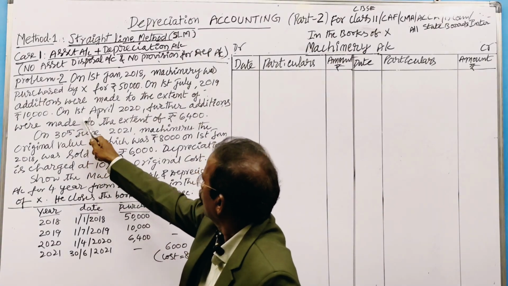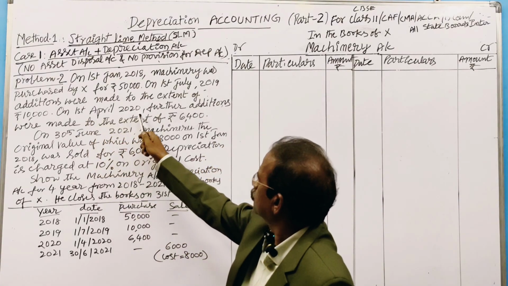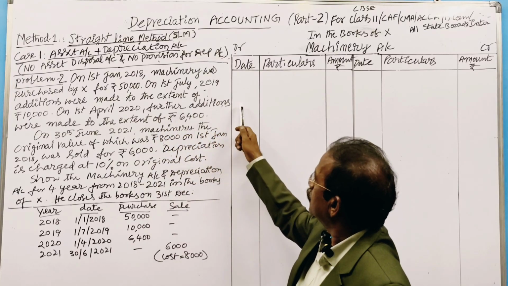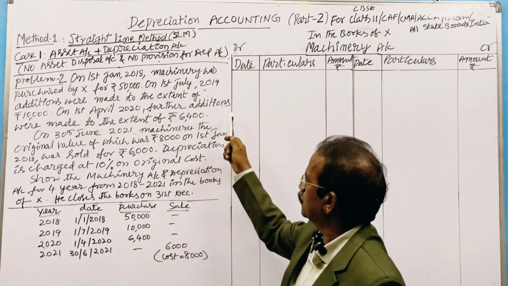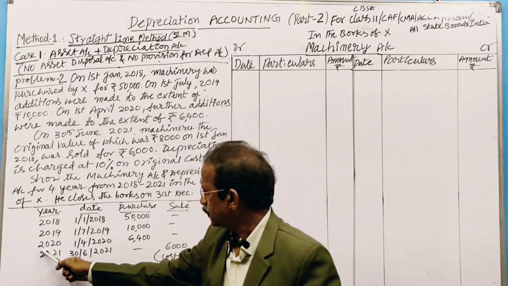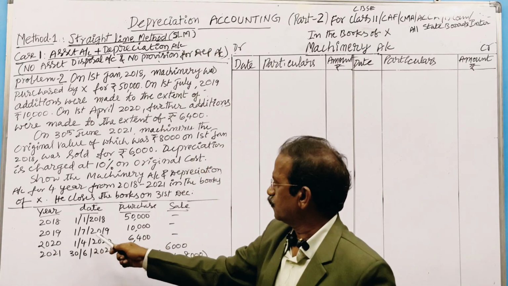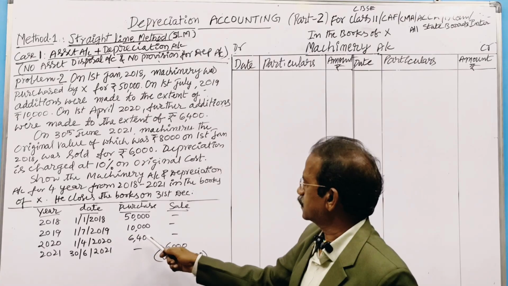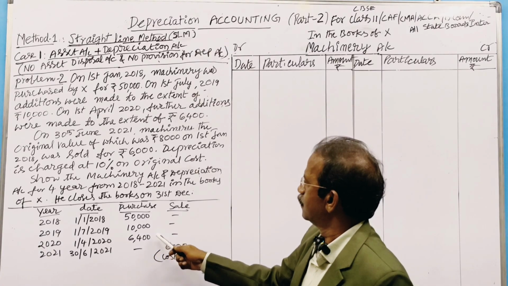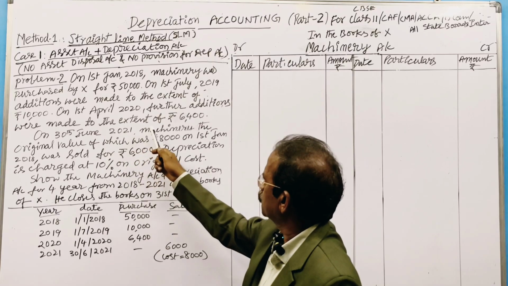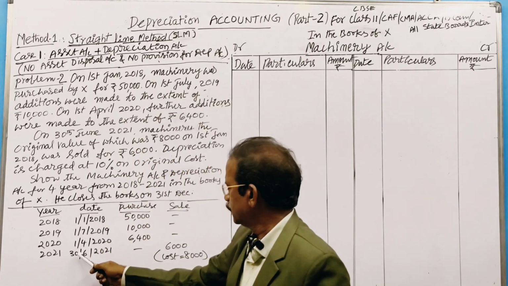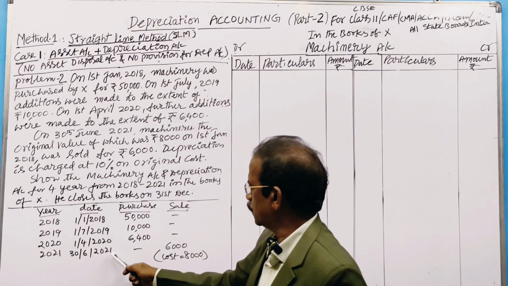And then on 1st April 2020, further additions were made to the extent of 6,400. So you write 2020, 1/4/2020, 6,400. And then on 30th June 2021, put the date 30th June 2021.